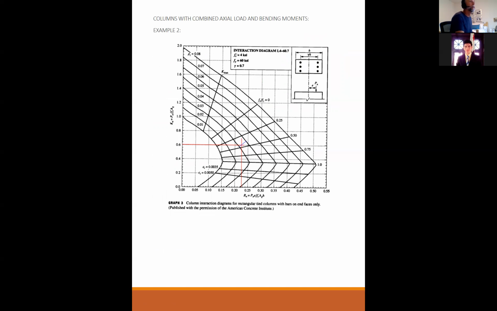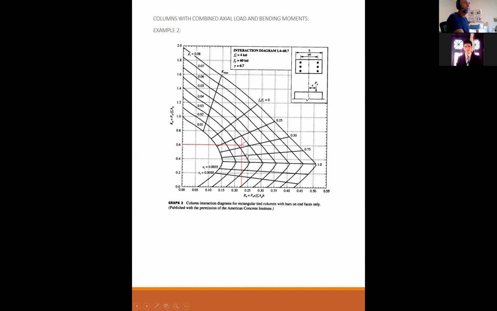Okay, sorry about that. So I've recreated the chart here. We found that Kn was 0.605, I think it was, and Rn was 220 something. And so you plot these together onto the chart, and then you have to interpolate between these two bars.